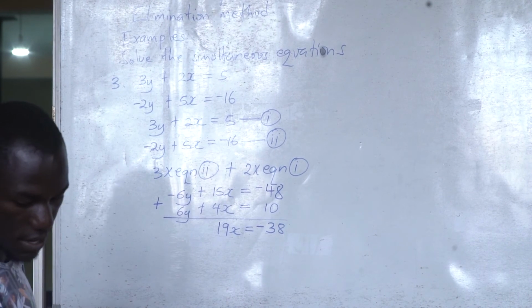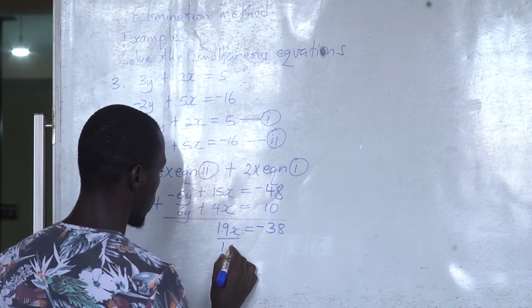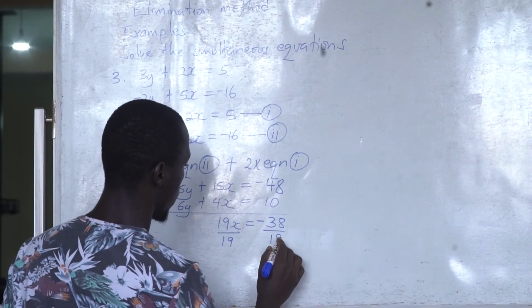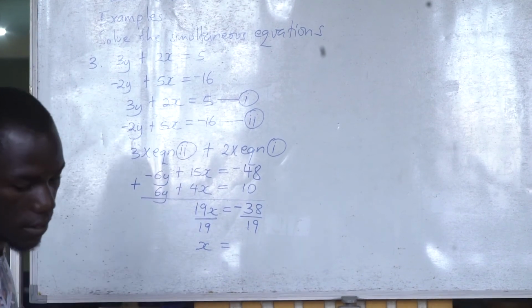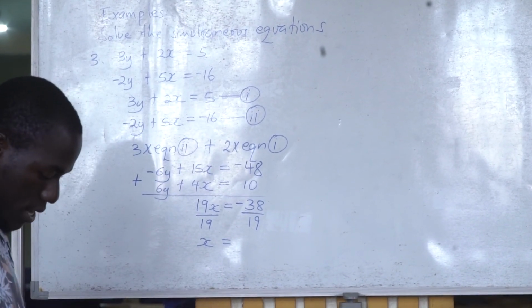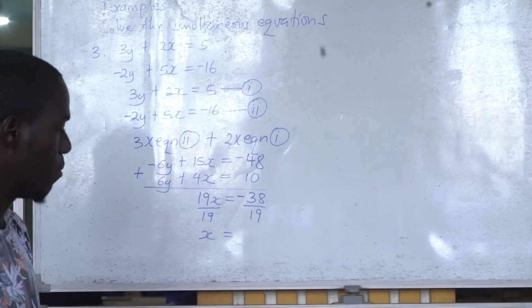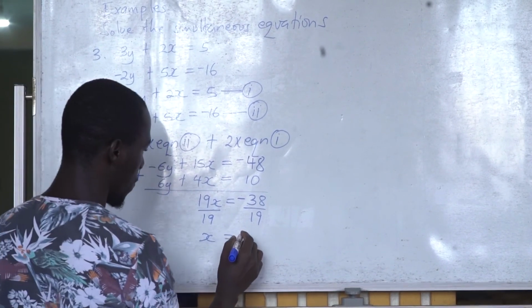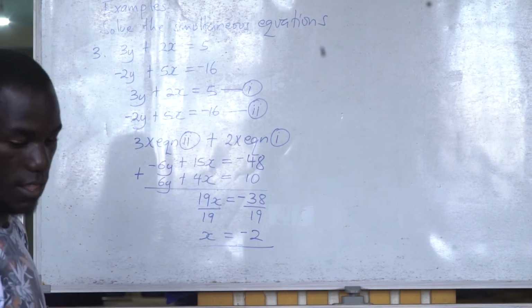So when I divide both sides by 19, using a calculator, negative 38 divided by 19, I'm having a negative 2, just there.